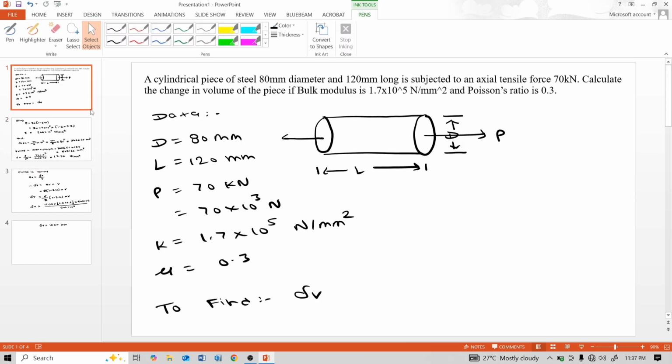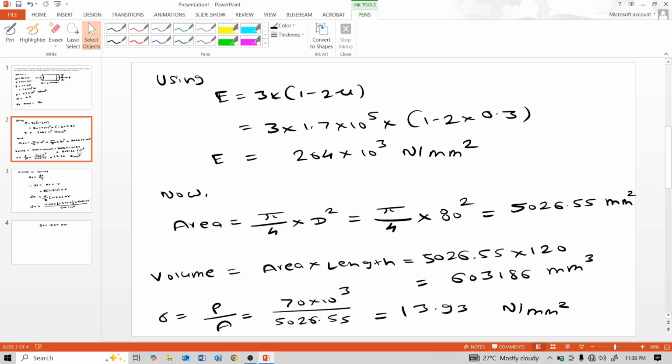So, for that circular bar of diameter 80 mm and length 120 mm and axial tensile force P of 70 kilonewton, bulk modulus, meaning volumetric stress to volumetric strain, is 1.7 into 10 raised to 5 Newton per mm square, and Poisson's ratio is 0.3. Young's modulus is 204 into 10 raised to 3 Newton per mm square. Area is 5026.55 mm square. Volume is 603186 mm cube. Stress is 13.93 Newton per mm square.